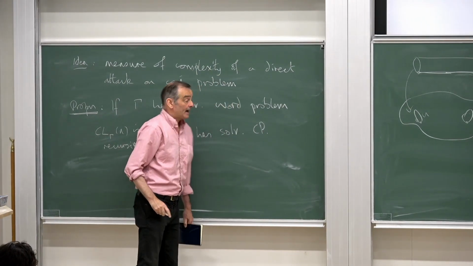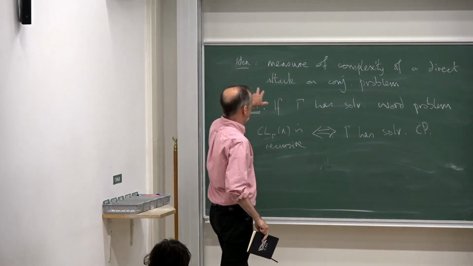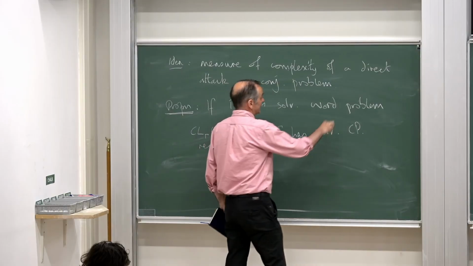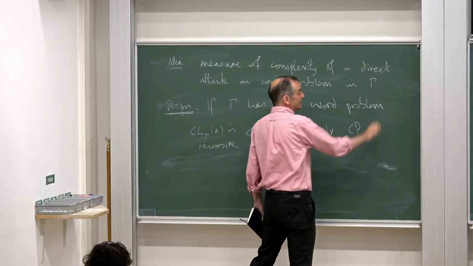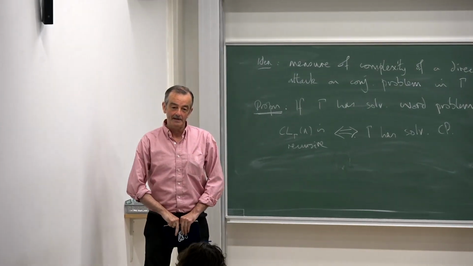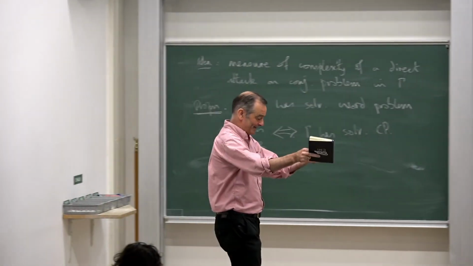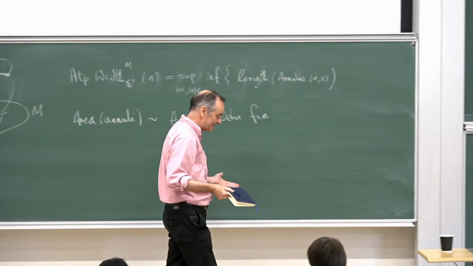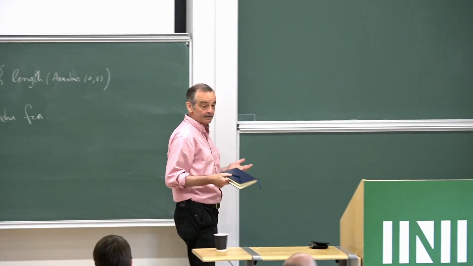Now, I tried to choose my words carefully. It's the measure of complexity of a direct attack on the conjugacy problem in gamma. That's not to say there isn't some other way of solving the conjugacy problem. Often, if you look in the literature, you've got all sorts of nice work about solving the conjugacy problem by proving that groups are conjugacy separable.